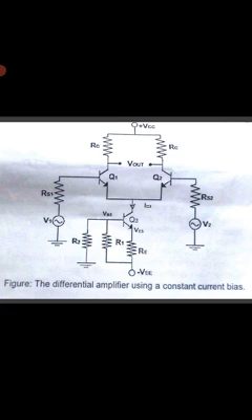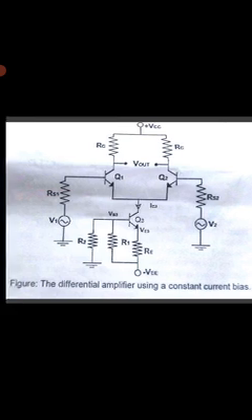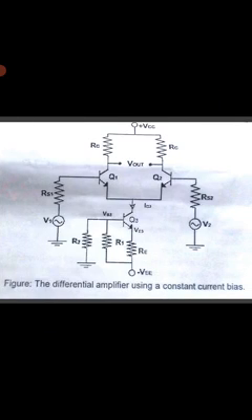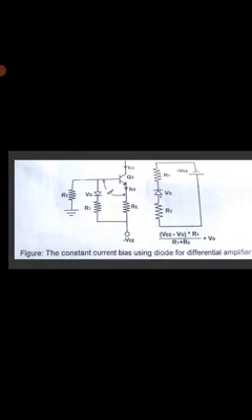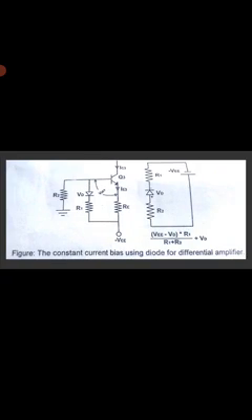To improve thermal stability, a diode is placed in series with resistance R1, as shown in this figure.